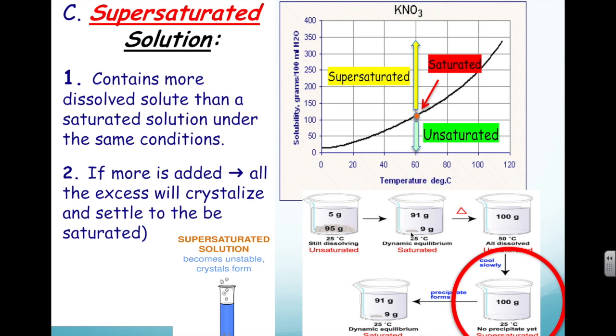I heated it up, so I increased the solubility. Therefore, it dissolved all that little extra stuff. But then I cooled it down. Remember, I went from 50 degrees to 25 degrees. So if I cooled it down, it ended up being a supersaturated solution.